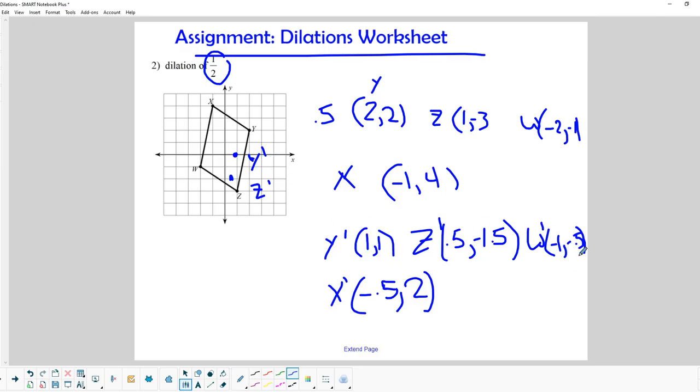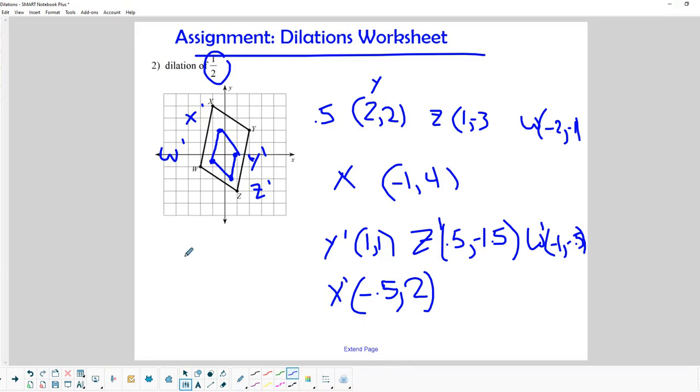Negative 1 and negative 0.5 would be w prime. I'm kind of putting these letters way out there so they're not in the way. And then negative 0.5 and 2 would be x prime. So our new image would look something like that.